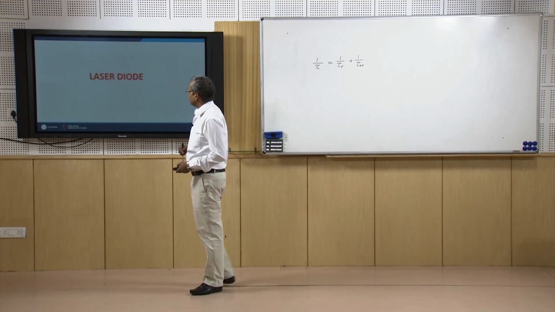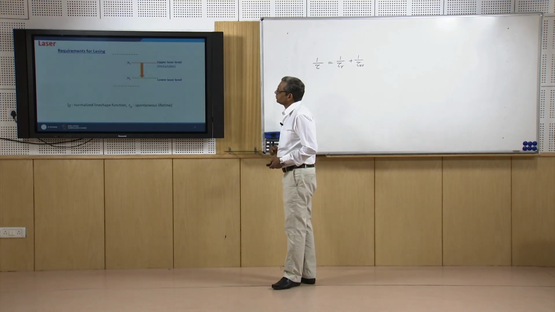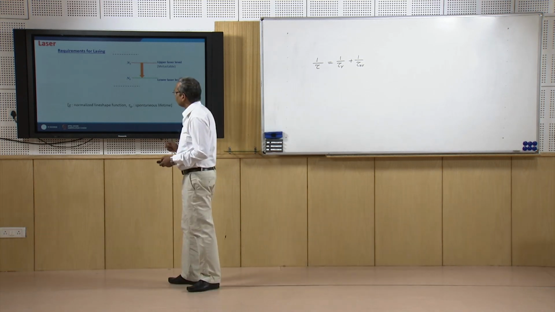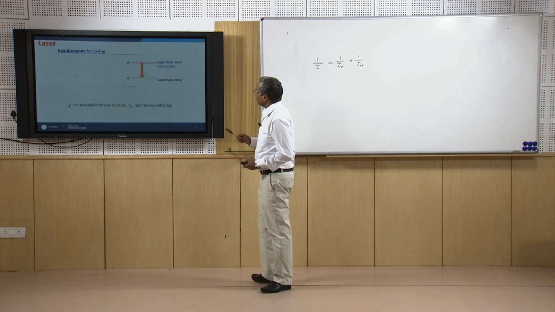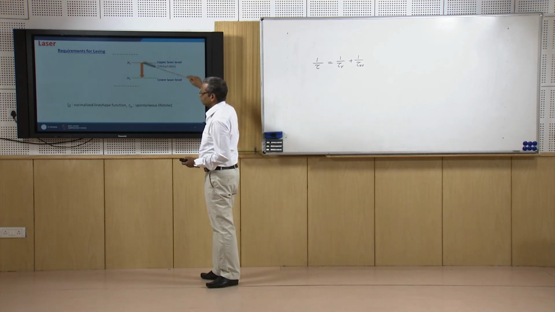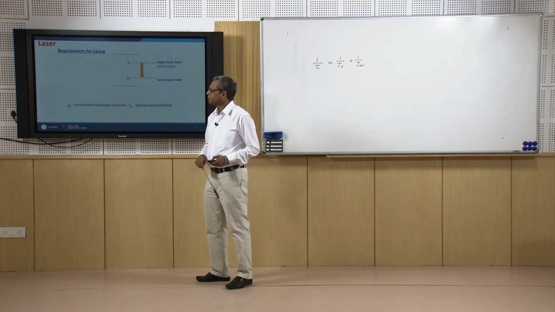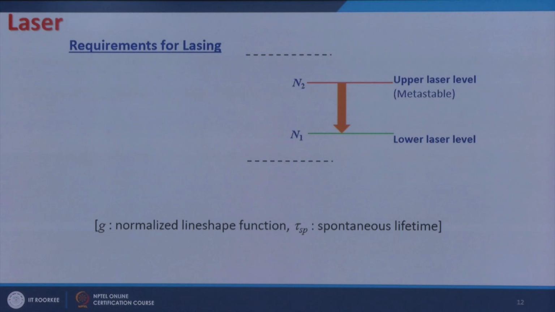So, let us look at the laser diode and how it works. What are the requirements for lasing? For that, let me consider a material system out of which I am making the laser, and in this system I consider the laser levels.